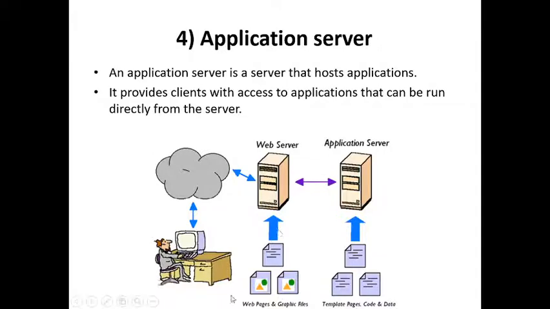Because as you know, if it is a web page, there are a lot of graphics, text, videos like that. So in order to display this web page, this web server must communicate with this application server to gather these different types of pages, code, and templates.